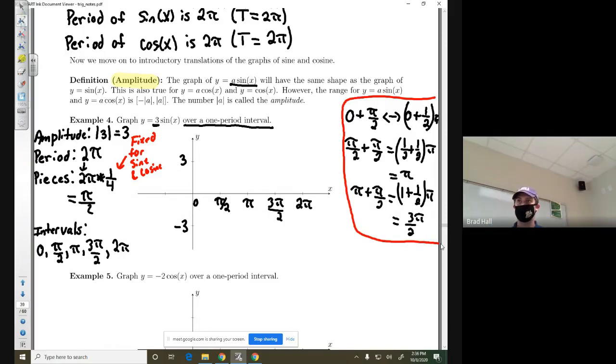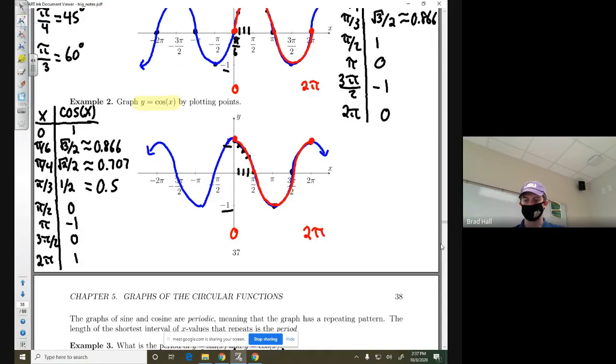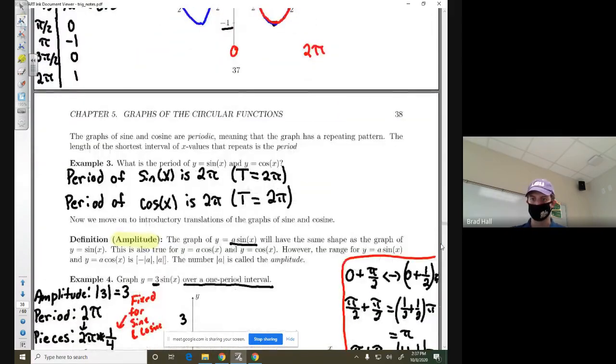And now that we have the 5 interval values, this will help us with a 1 period interval. So notice I'm going to scroll up here real fast.